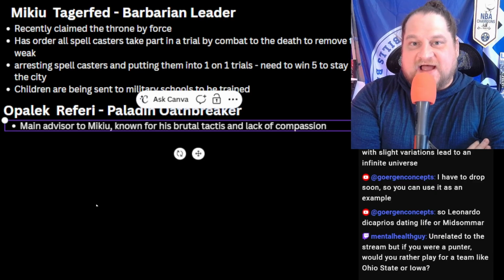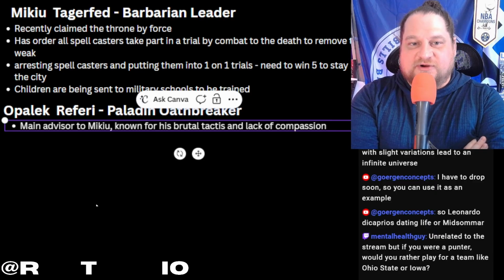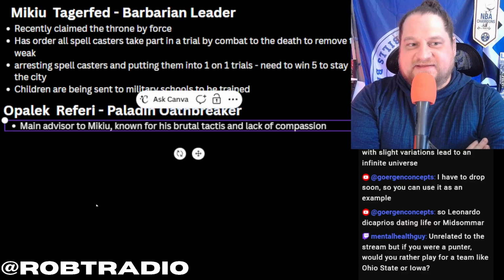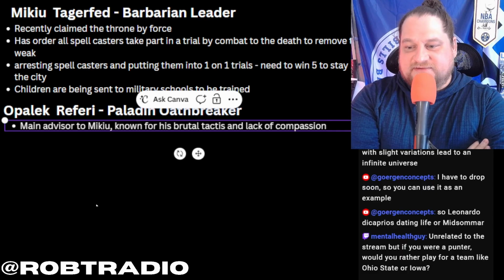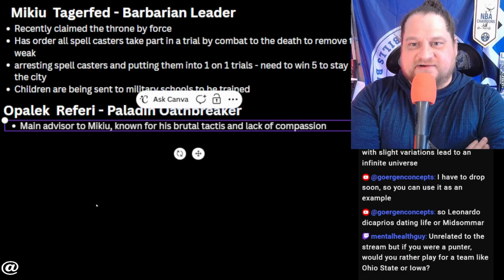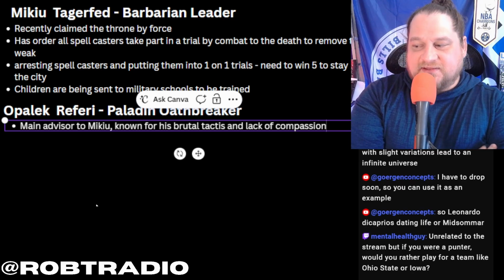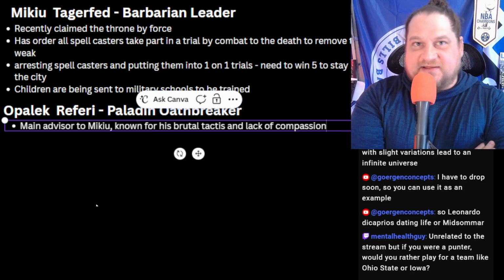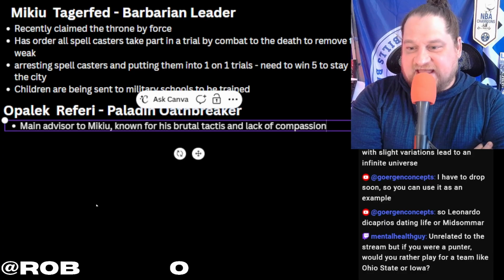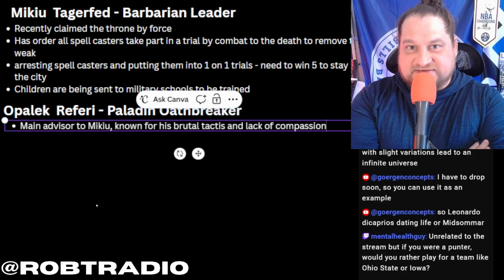sets up all the trial by combats, makes sure people get arrested. He's your head of the secret police, city guard type thing. And you've seen this trope done in a lot of shows, and sometimes they redeem him and sometimes they don't.